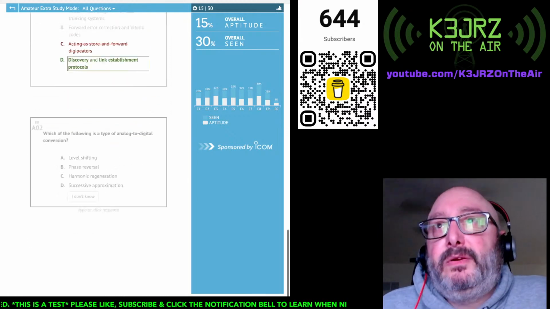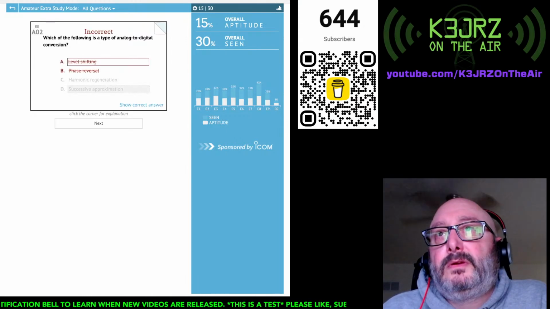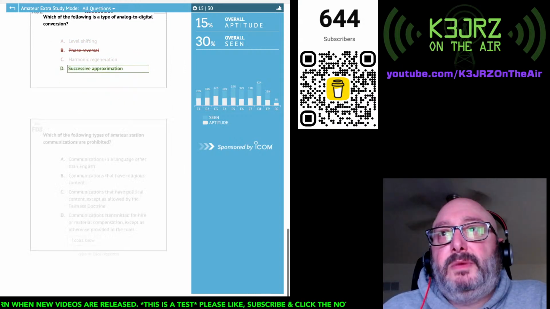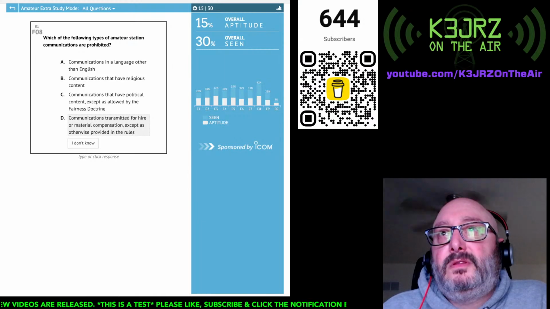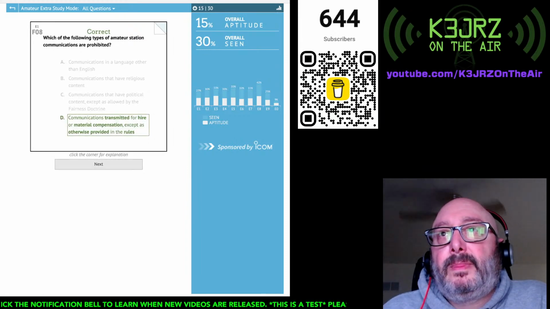I don't get it because I haven't played with mesh networks before. Successive approximation, that makes no sense. The following types of error setting are prohibited. That's an easy one.